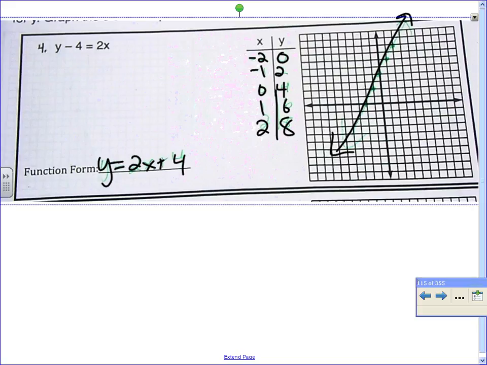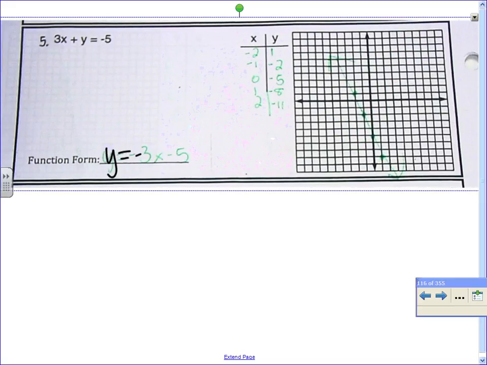Okay. Okay, good. Negative linear function, I used -2, +1, -1, -2, 0, -5, 1, -8, 2, -11. Can't read my own writing here.